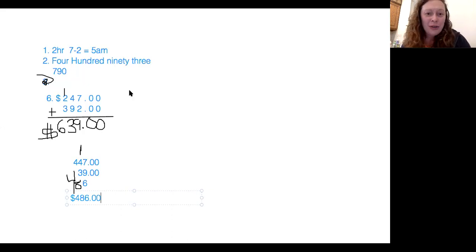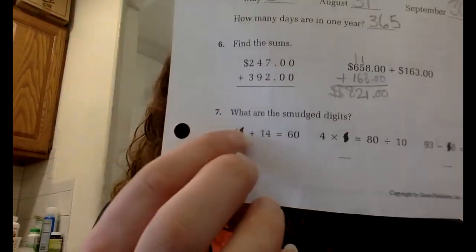I will allow you guys to do that. The smudged digits, we're looking, remember, at the single digit here. We do not have to put the 40. So let's look at this. What plus 4 equals 10?